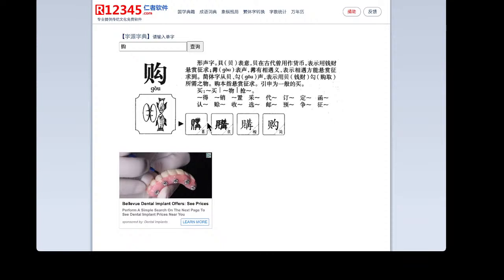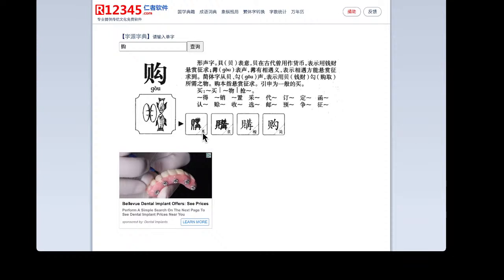You offer something that somebody just happened to have. Okay, so then you bump into each other, and then the deal is done. And so that's why they use this 冓 to build that character.